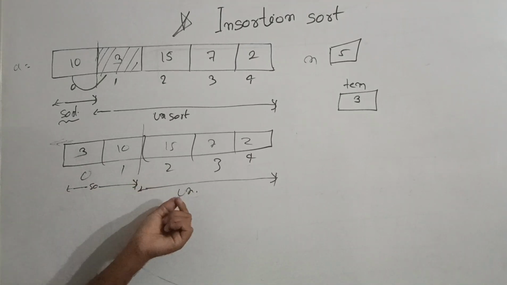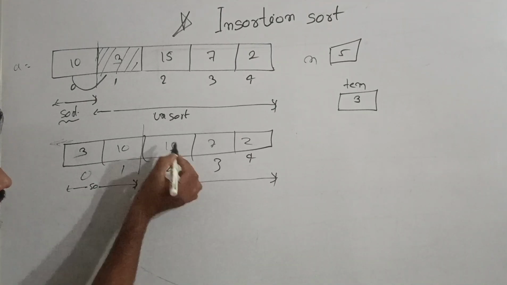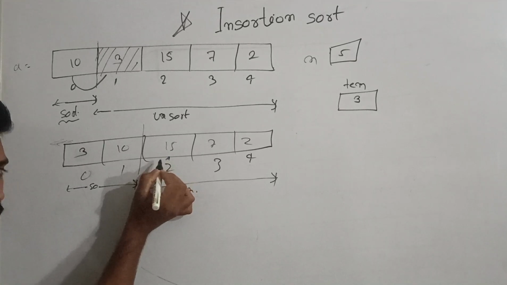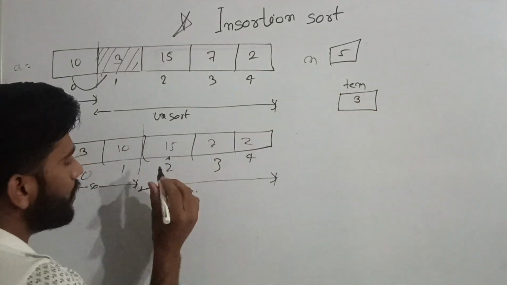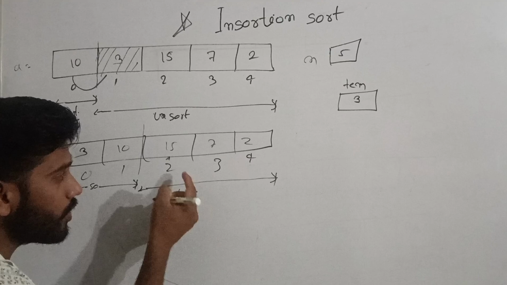Now again pick an element and copy it into the temp variable from the unsorted data.